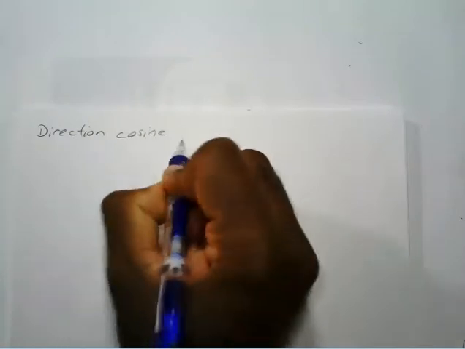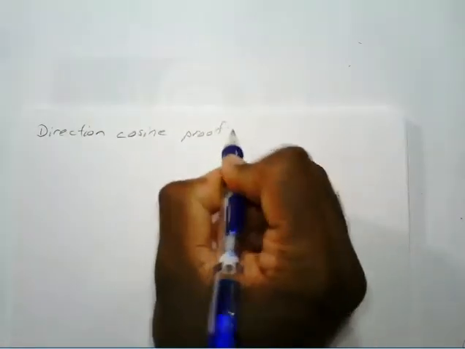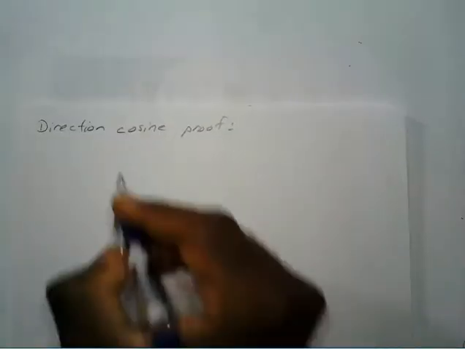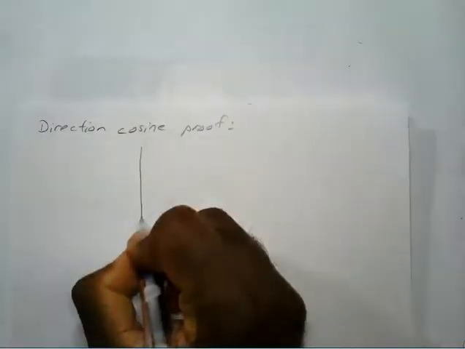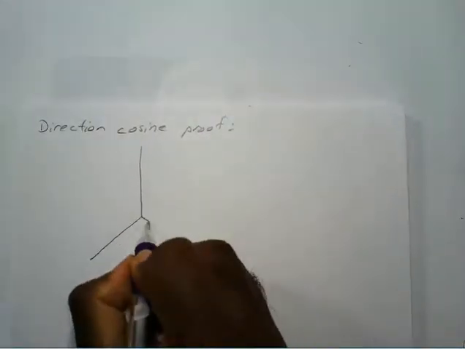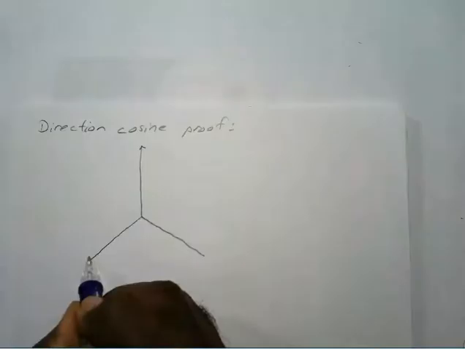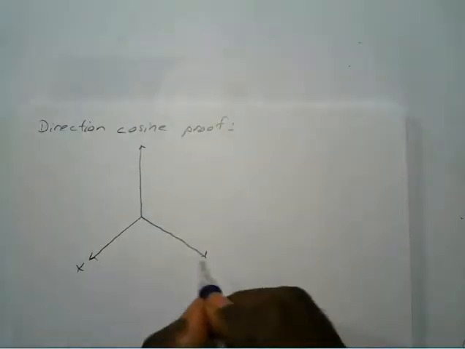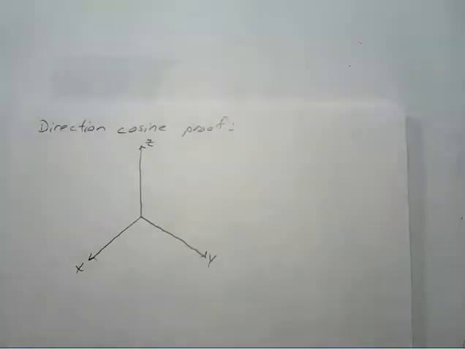Okay, so our direction cosine proof. Let's say we have our three-dimensional corner again. So we have x, our y, our z.